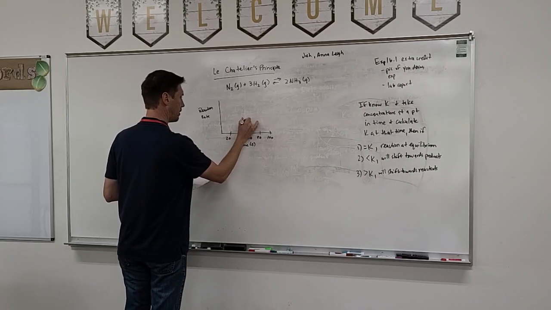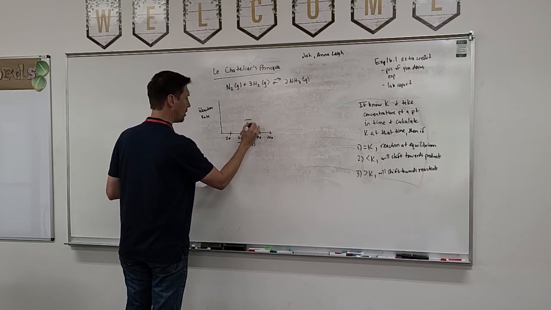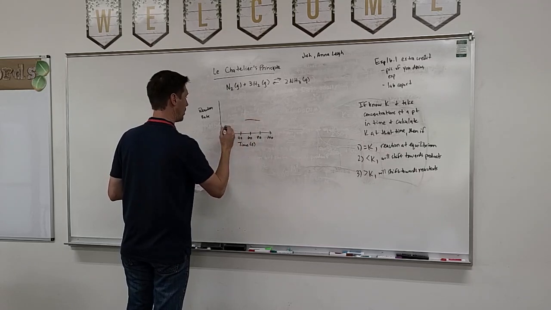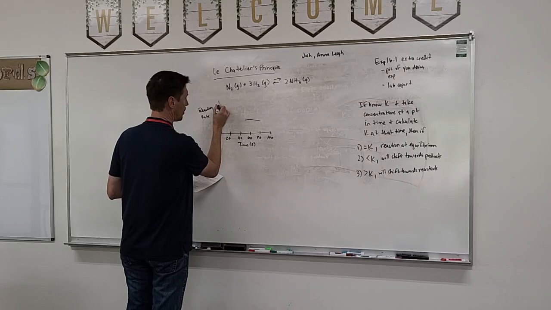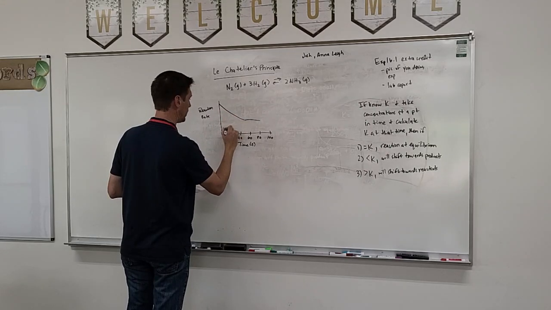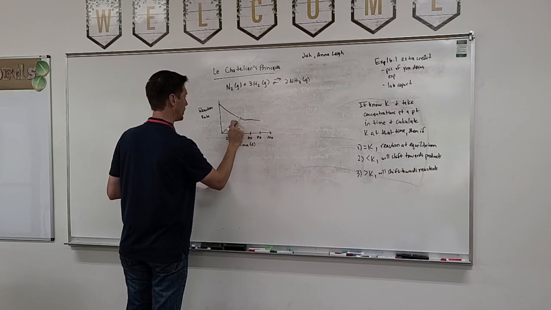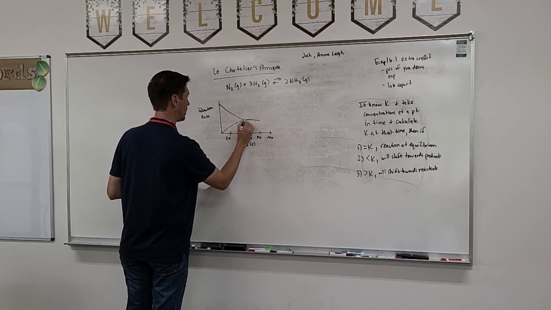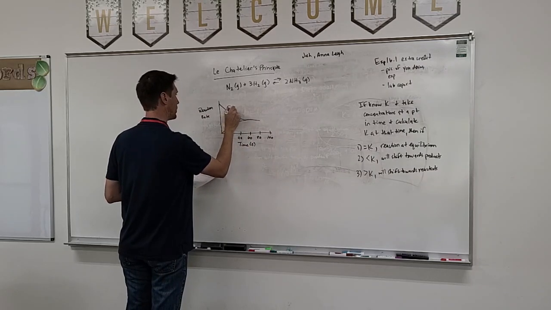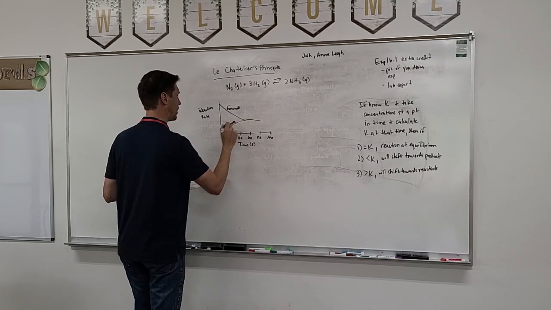Basically right here, looks like this, looks like that. Can't believe I didn't connect that. Let's try that again. There we go. This is the forward reaction. This is the reverse reaction, right?